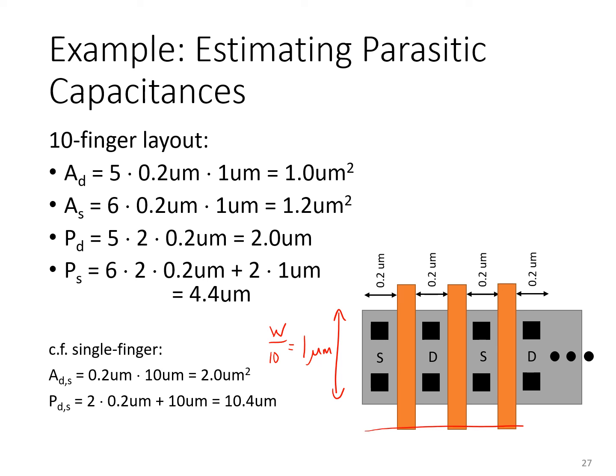First of all, we just have to short together all the gates. And then we can alternately short together the junctions between these so-called gate fingers. So in a layout like this, we refer to these 10 gate strips as fingers of the transistor.